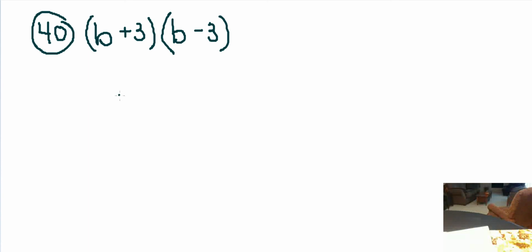Here is another special products problem. You'll notice in this I'm using two terms, b and 3. Those are the two terms.